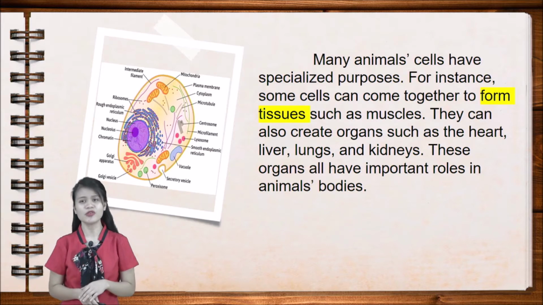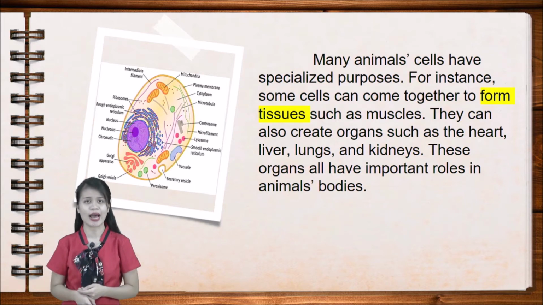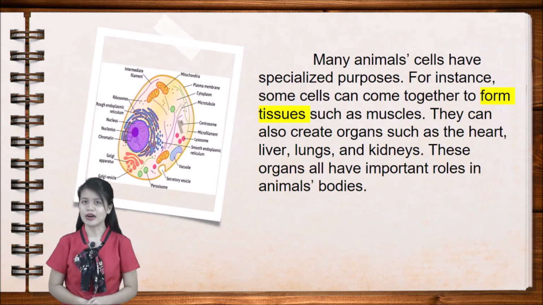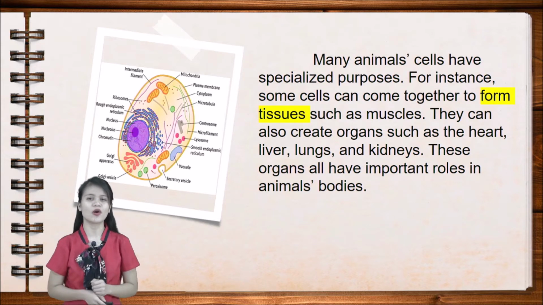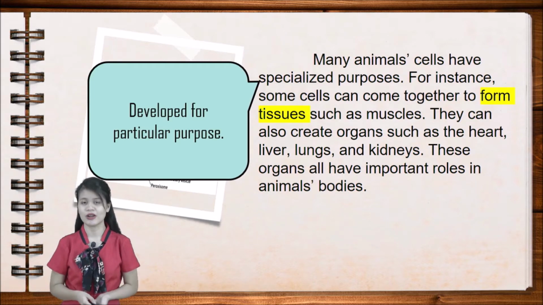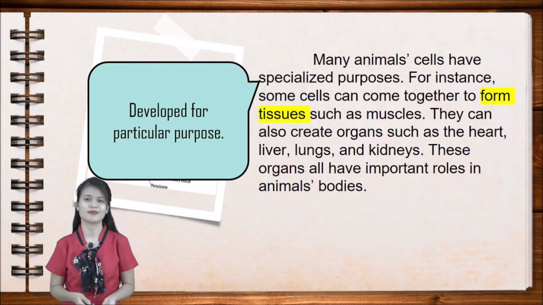When that forms as muscles, they can also create organs such as heart, liver, lungs, oh, don't forget your brains, and our kidneys. These organs all have important roles in animals' bodies. Again, when we say specialize, it means to develop for a particular purpose.